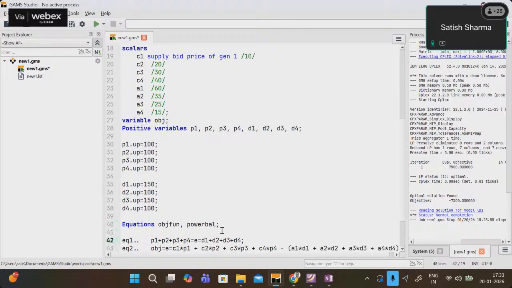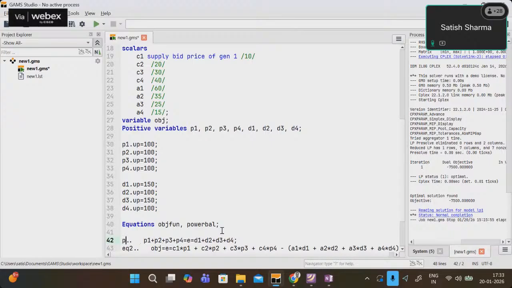Now the syntax is whatever name we have defined, I have to put it here. So obj fun is the name which I have given to my equation. Then I have to place two dots, which is basically syntax. We have to place it. Then I think I made a mistake.